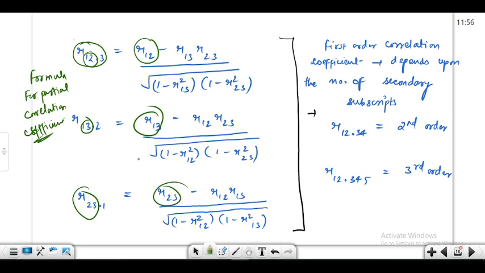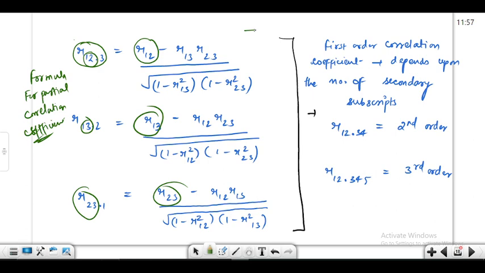Why is this important? Because in a three variable or multi-variable model, you might be interested in calculating the correlation coefficient between two variables, but other variables might also be affecting it. So the simple or normal way of calculating the correlation coefficient will not be effective in a multiple regression model, and that is why we have the idea of the partial correlation coefficient.